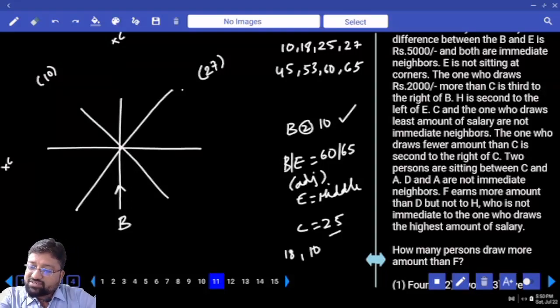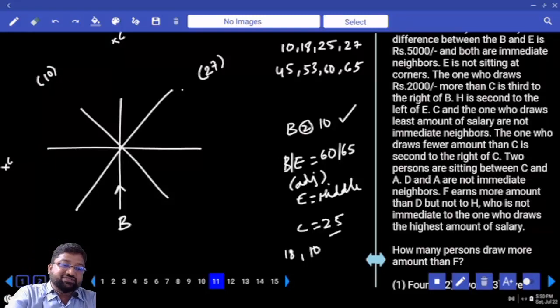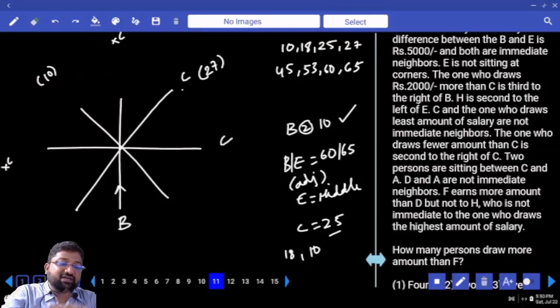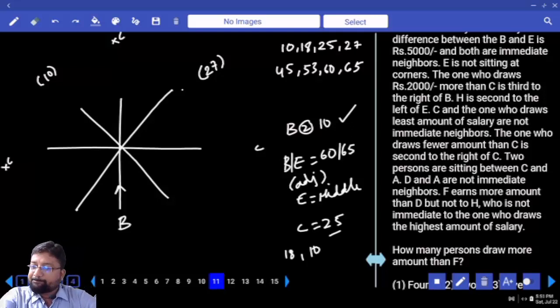The one who draws fewer amount than C is second to the right of C. If I put C here, this has to be 18. Why? Because we can't go for 10; 10 is somewhere else. Can I have C here? No. Here? Yes. Here? No. And C has how many possibilities? Only 2 possibilities. Maybe this is C or this is C. Next line, read.